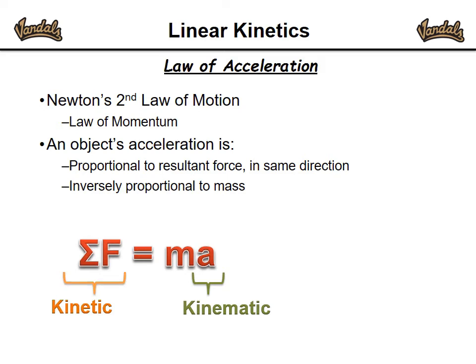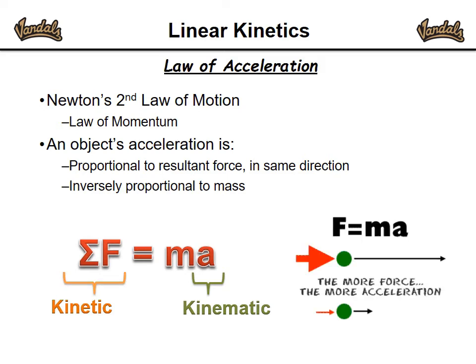Here's your kinetic piece. Okay, so remember that with the arrows, what this is talking about is as force increases, the resultant force in the same direction is proportional. So if I increase my force given by this arrow, then my acceleration should also increase.